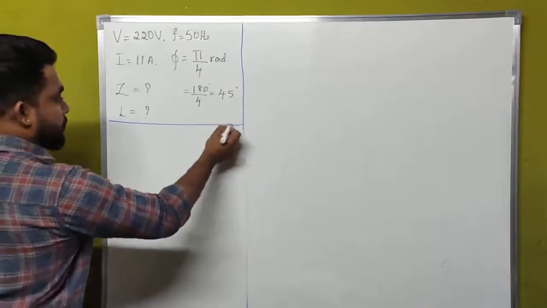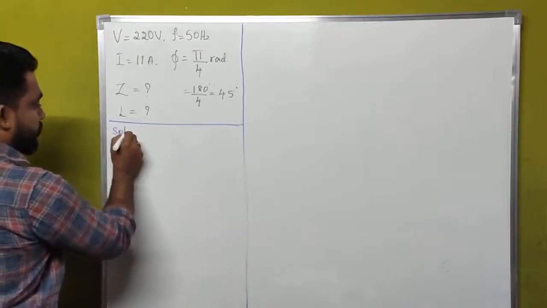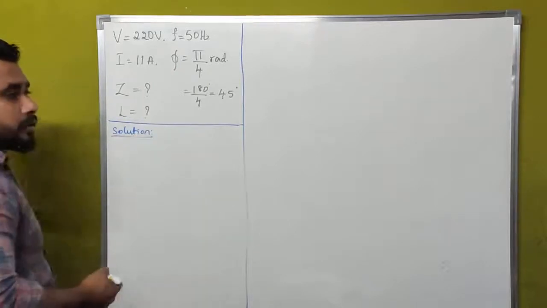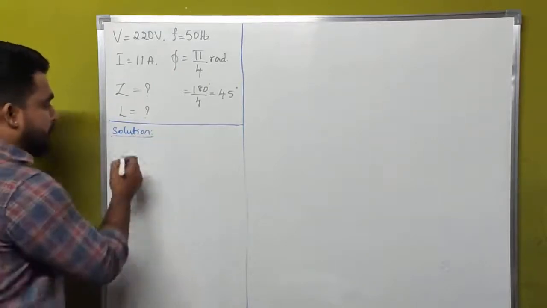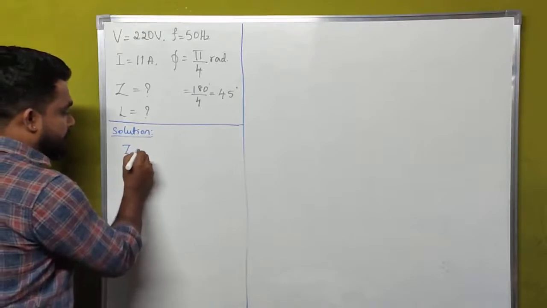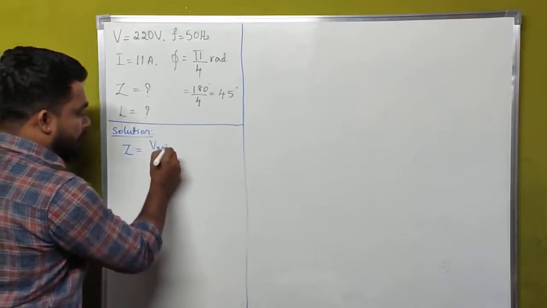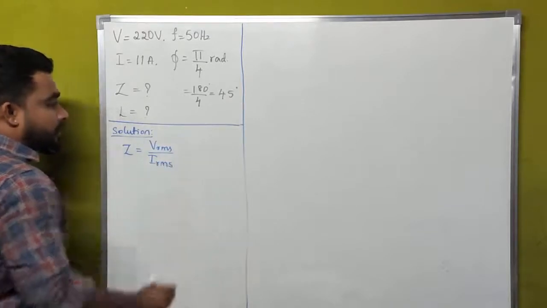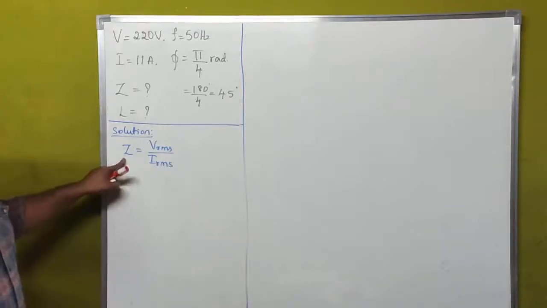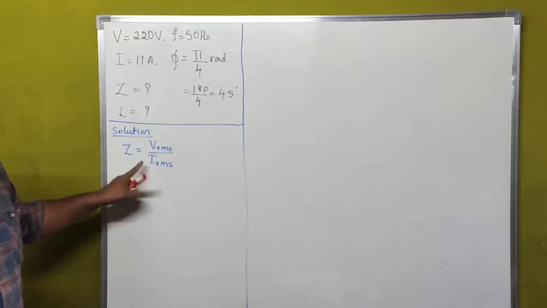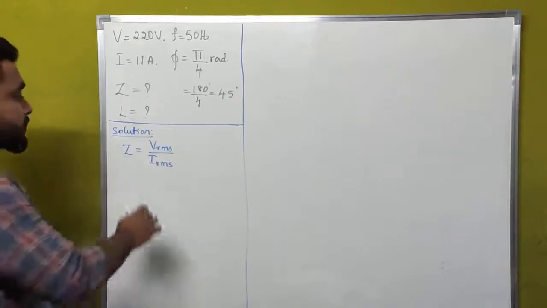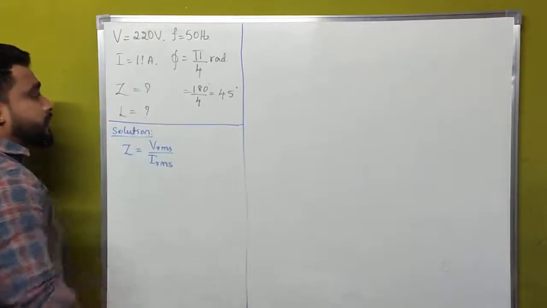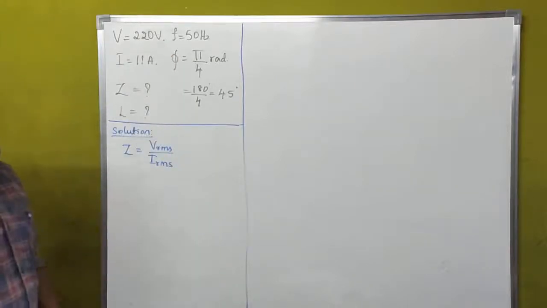First, let us start from Z. We know the expression for Z, that is Z is equal to Vrms divided by Irms. This is nothing but resistance is equal to voltage divided by current in terms of Ohm's law. Voltage is 220 volts and current is 11 ampere.